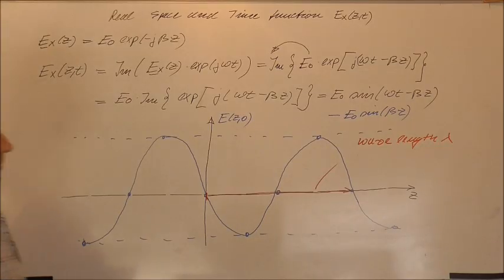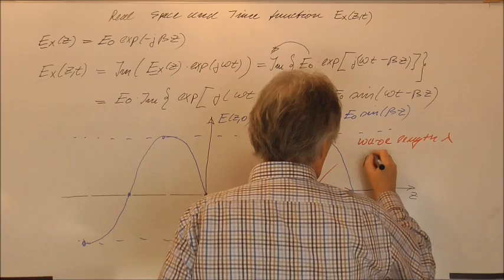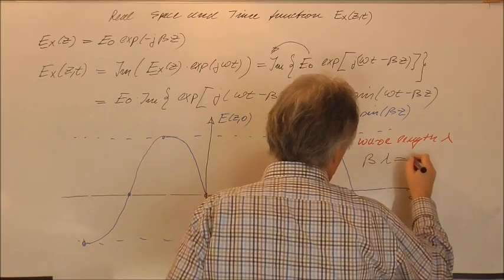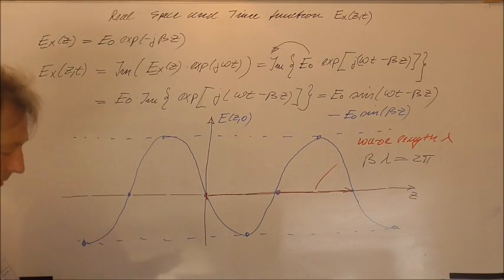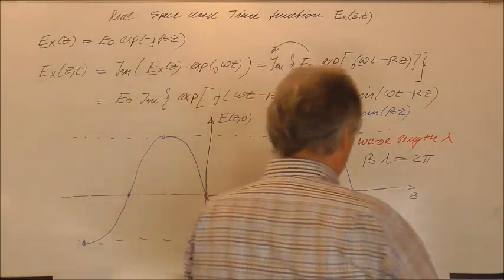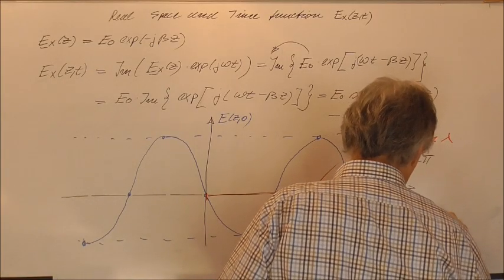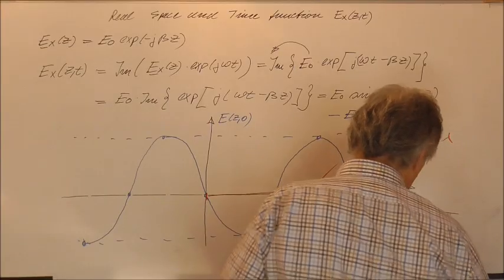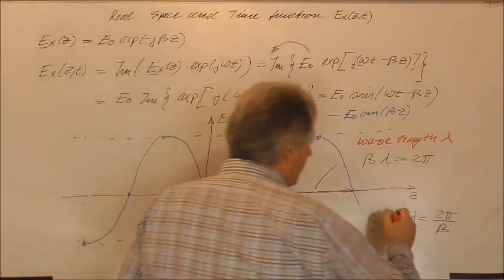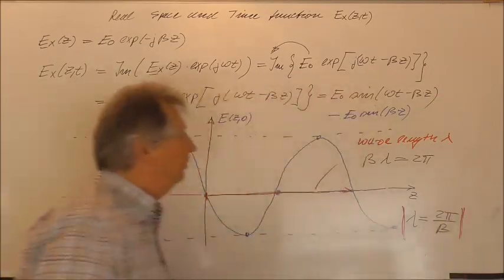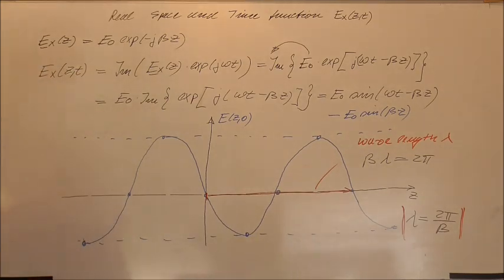According to this equation, beta times the wavelength must be equal to 2 pi, so the wavelength will always be 2 pi over beta. This is the equation which describes our so-called wavelength. We will discuss this in more detail later on.